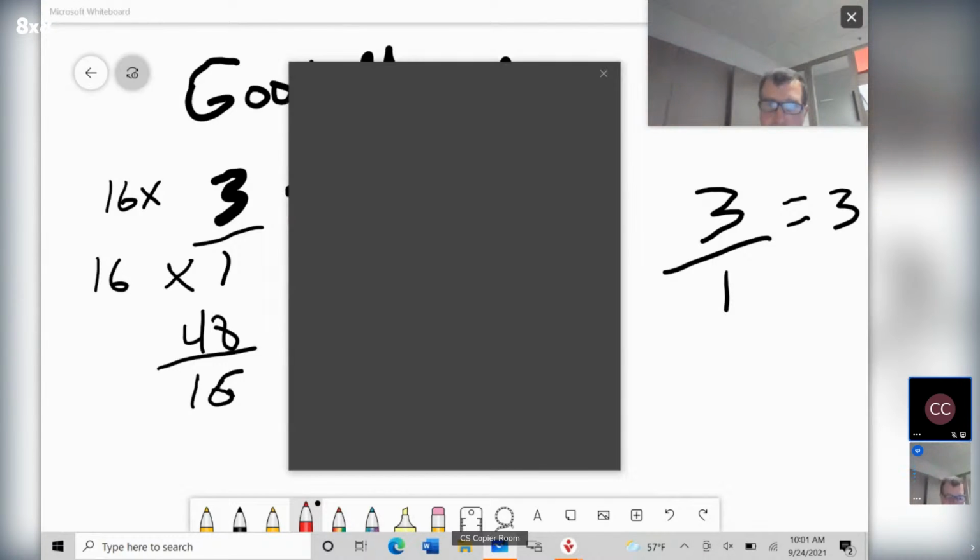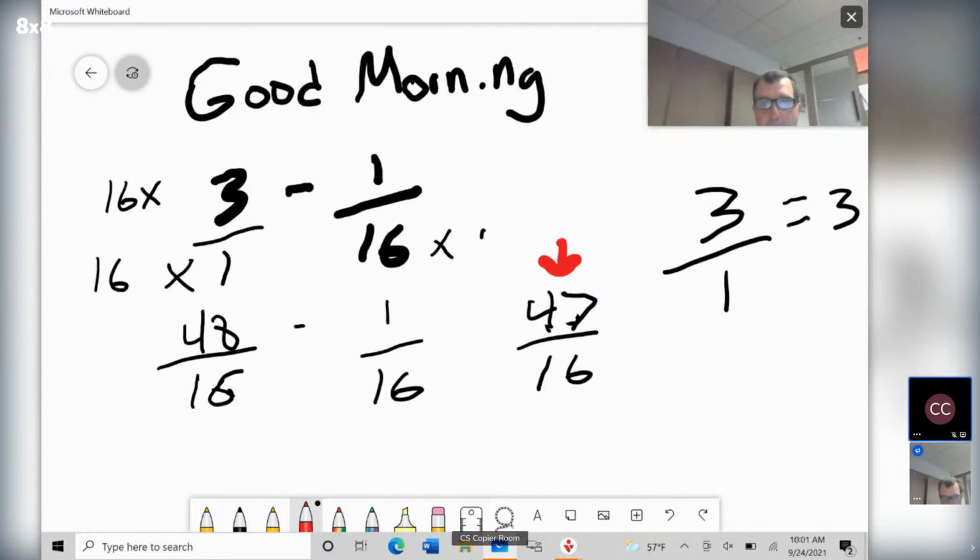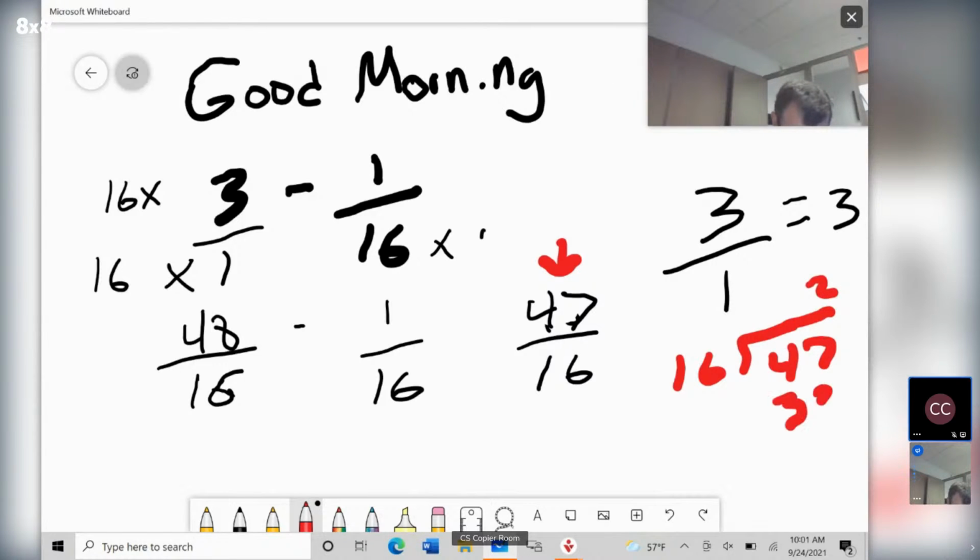So you're going to say, okay, I just need to get this to a mixed number. And how we do that, if you remember, is we divide the bottom, in this case the 16, into the 47. It goes 2 times, so it's 2, 32, and 15 is left over.